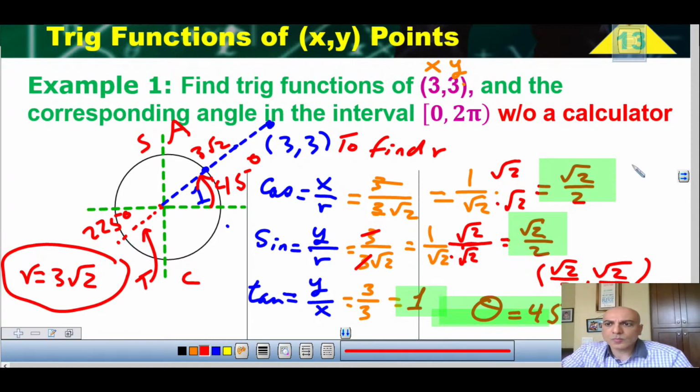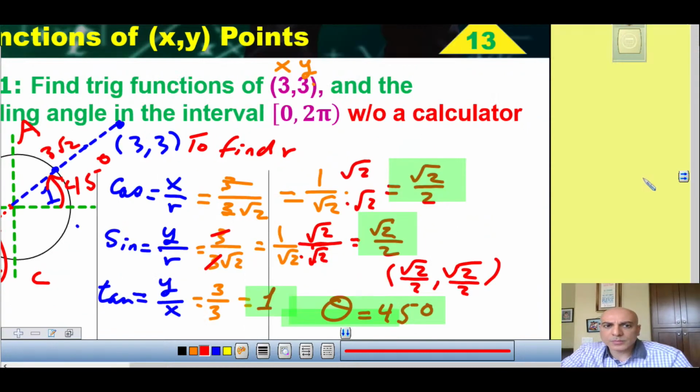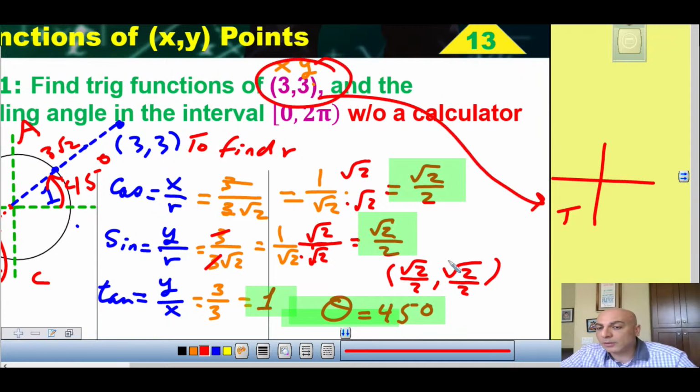Let me see, I have to think a little bit harder here, because if I am in the third quadrant, does the point make any sense? Does 3, 3 belong to the third quadrant?